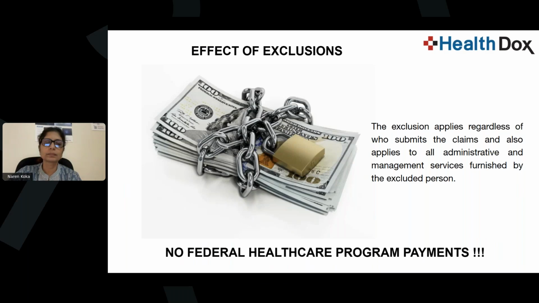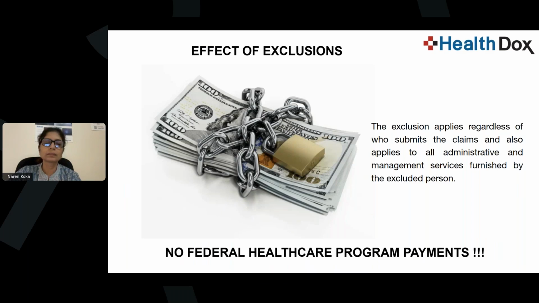And the main thing is, this list of excluded individuals and entities is the main database published by the OIG, which is in short called the LEIE. This OIG database is the main source for organizations to check whether someone is excluded from participating in these programs.